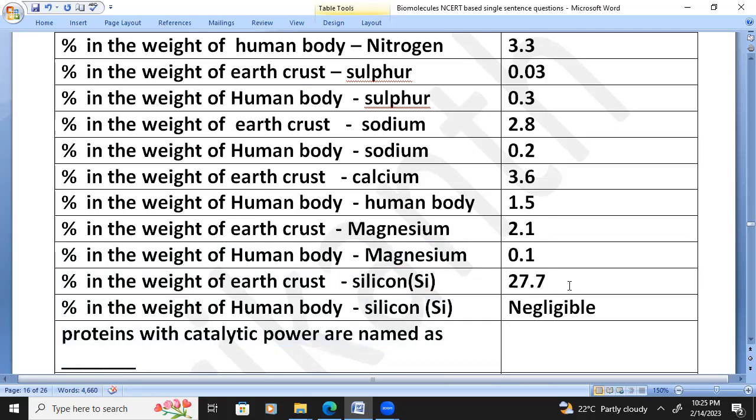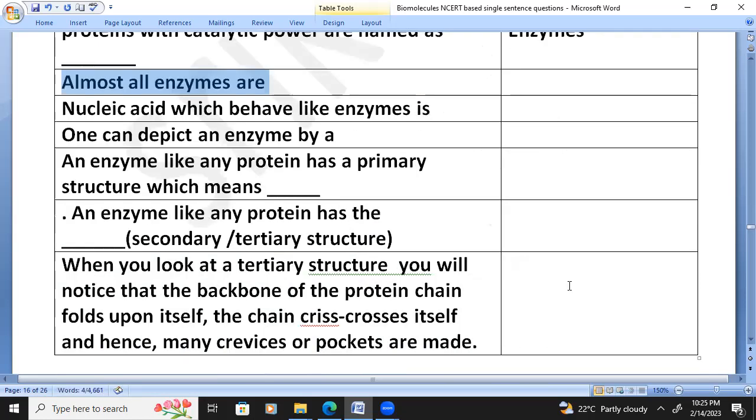Proteins with catalytic power are named enzymes. Almost all enzymes are proteins. Nucleic acid which behaves like an enzyme is ribozyme. One can depict an enzyme by a line diagram.